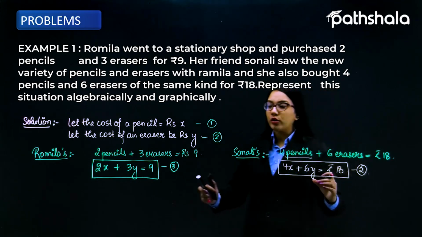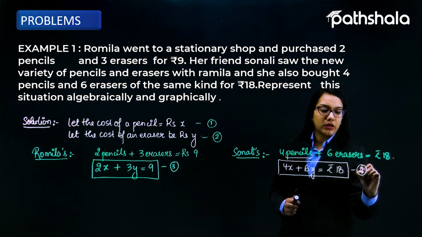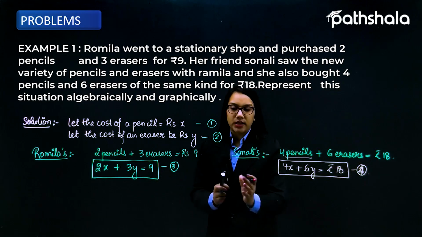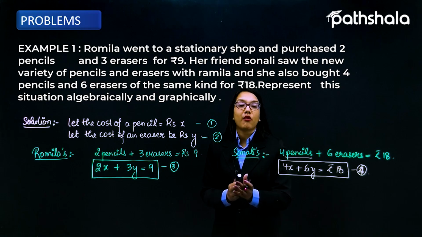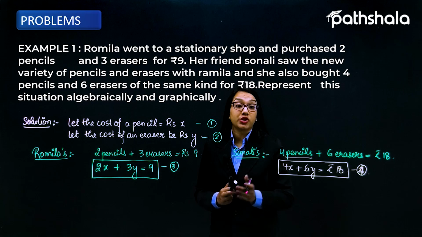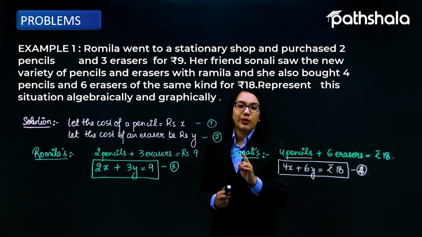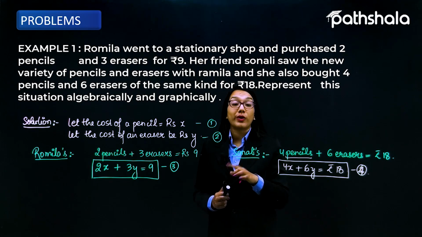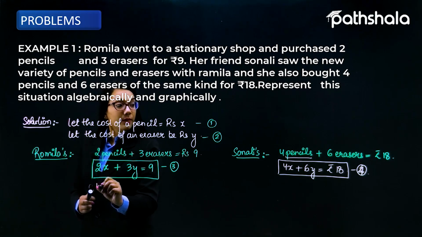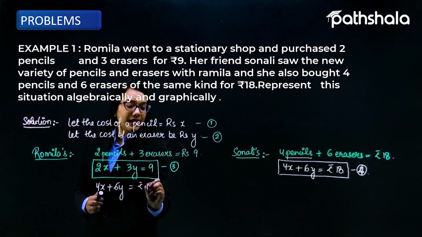Let us call this equation number 4, as we have taken the second equation already. When we take both of these equations together, they are called a pair of linear equations. So I am writing these equations together here: 4x plus 6y is equal to ₹18.